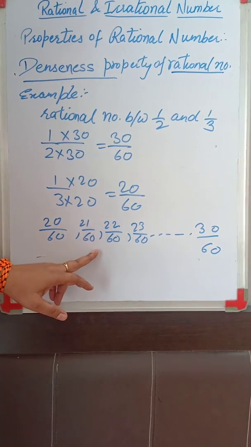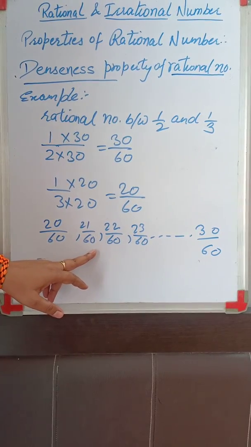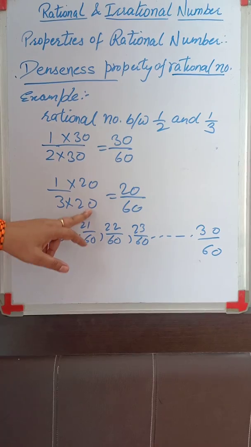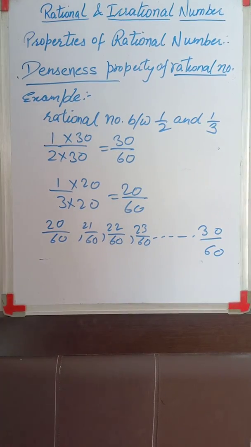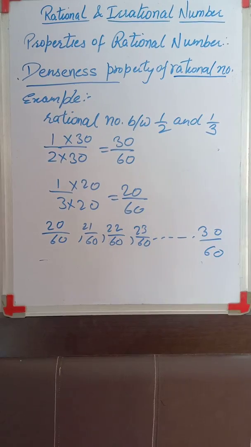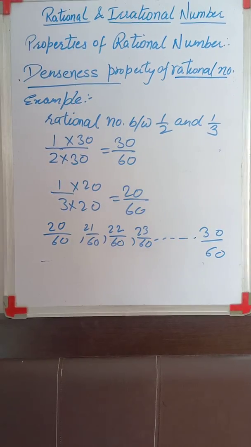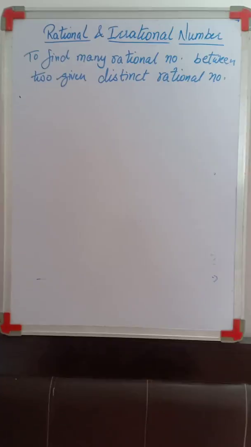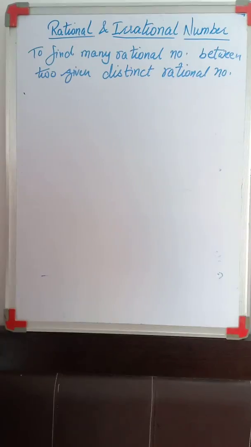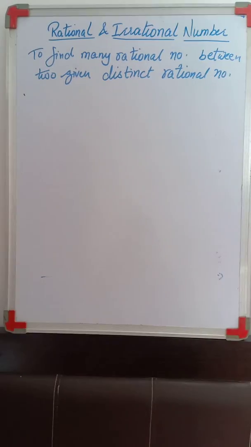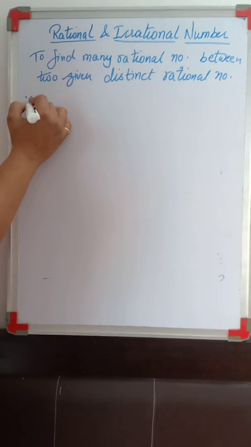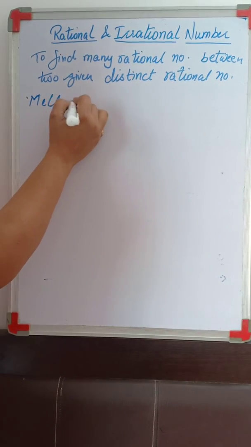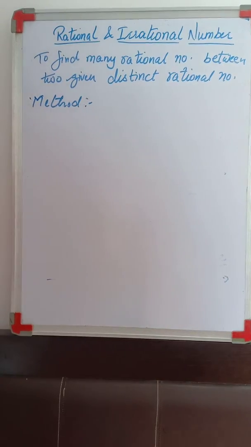If you want to calculate more numbers, you need to change the digits. But next, with a different method, I am going to tell you how you can calculate infinite numbers in between two rational numbers. So how to find many rational numbers in between two given distinct rational numbers, I am going to explain that method, right?